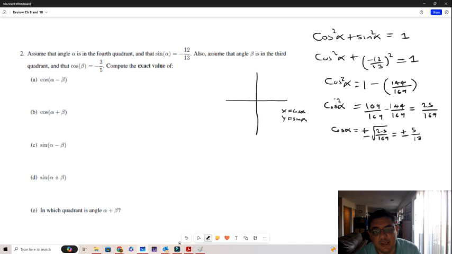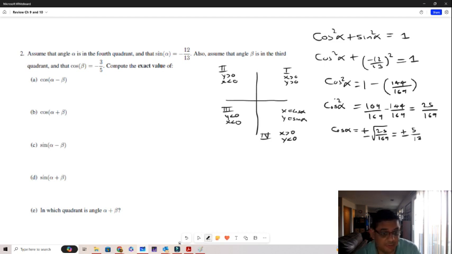So here in the first quadrant, x is bigger than 0, y is bigger than 0. In the second quadrant, y is bigger than 0, but x is less than 0. In the third quadrant, y is less than 0 and x is less than 0. And finally, in the fourth quadrant, x is bigger than 0, but y is less than 0.